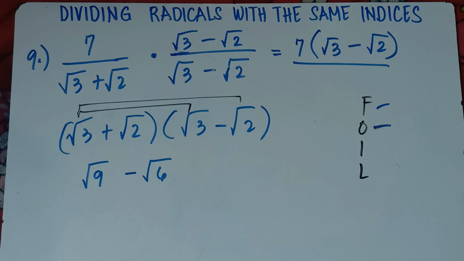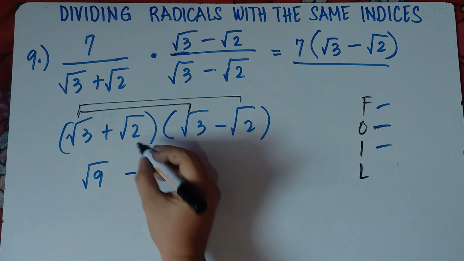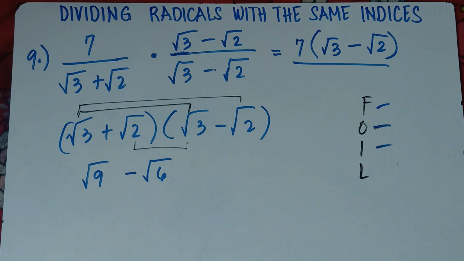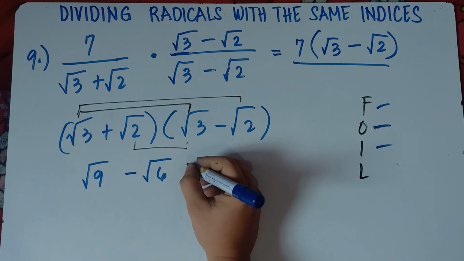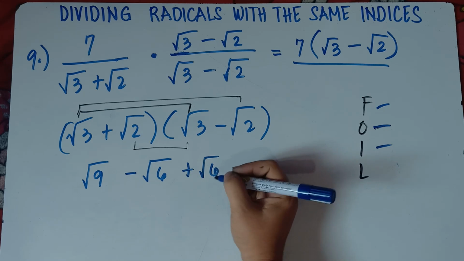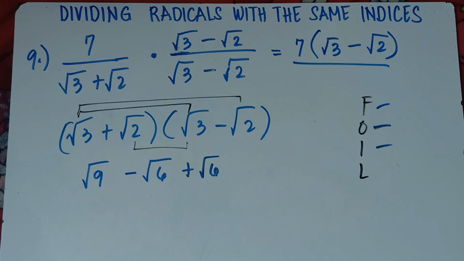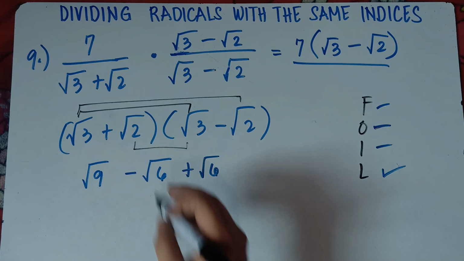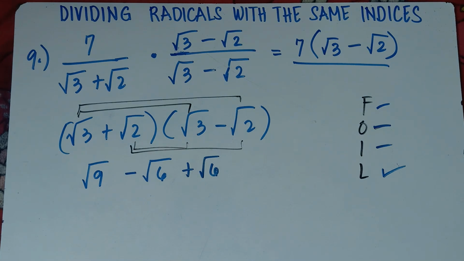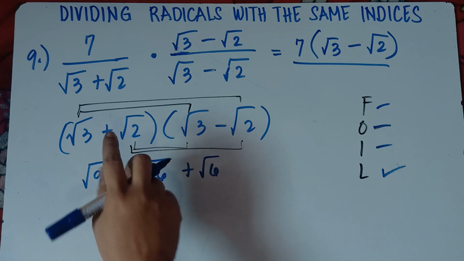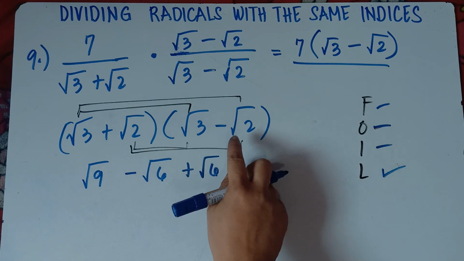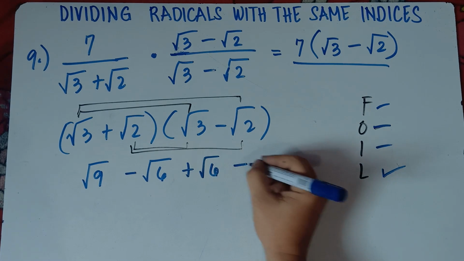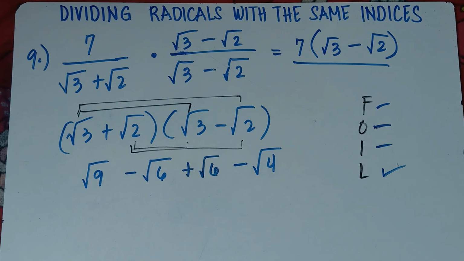Then inner, positive square root of 2 multiplied by positive square root of 3, that would be positive square root of 6. And then last is square root of 2 multiplied by negative square root of 2. That would be negative square root of 4.